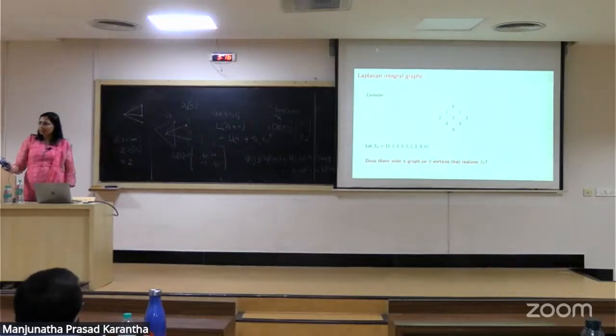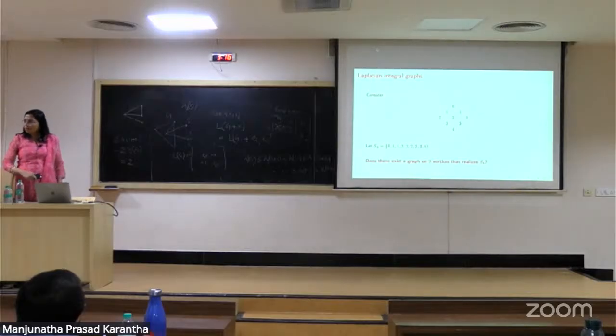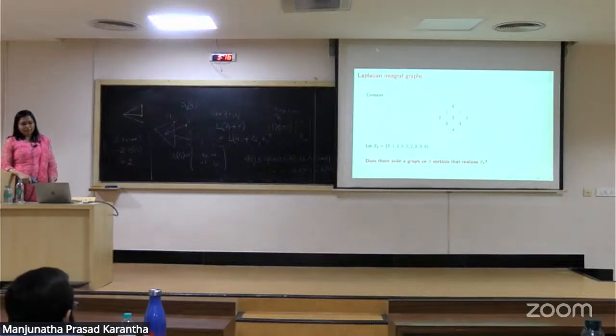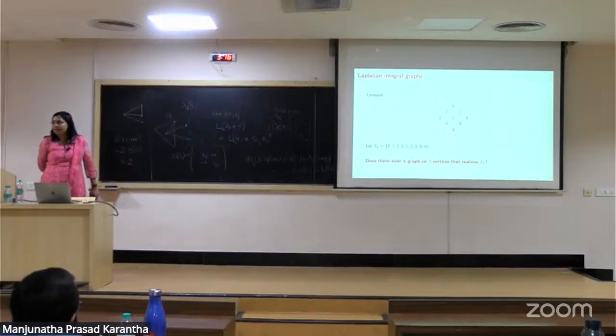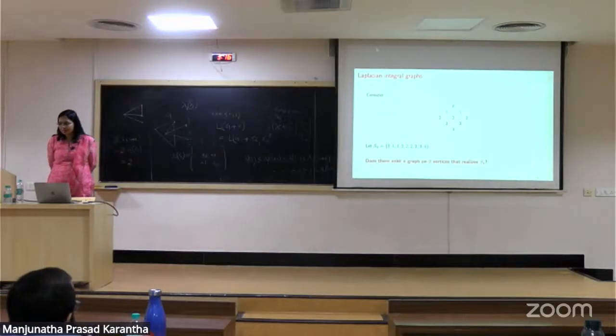Now take all the numbers, starting from 0 to 4; my set I have named S4. It contains the number 0, 1 twice, 3 twice, 2 twice, and 4. So the question is: can there be a graph on 9 vertices with this pattern?